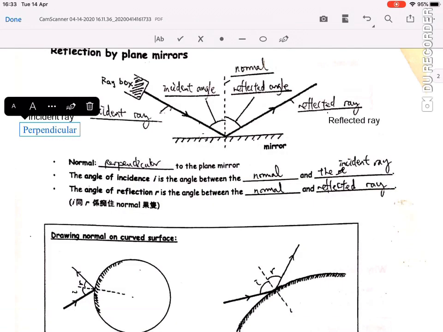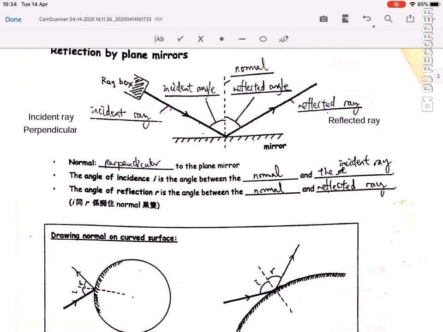It's called perpendicular. Okay? So in here, perpendicular means that it is 90 degrees. So from the mirror up, it is 90 degrees. We call that a perpendicular line. And from that, the angle of incidence, we give it the letter I because incidence starts with the letter I, so we call it I.